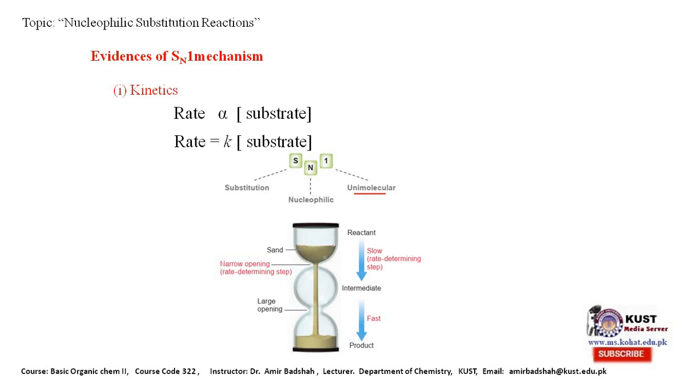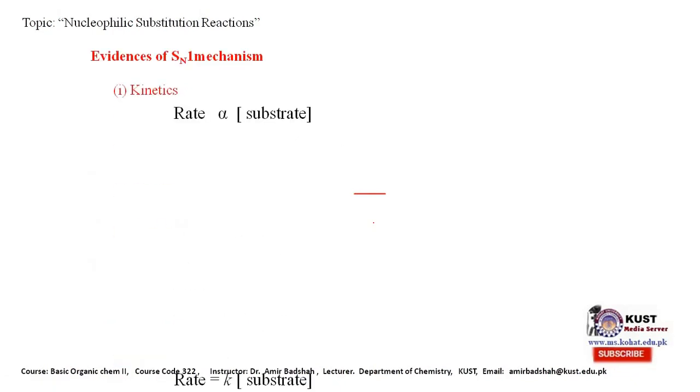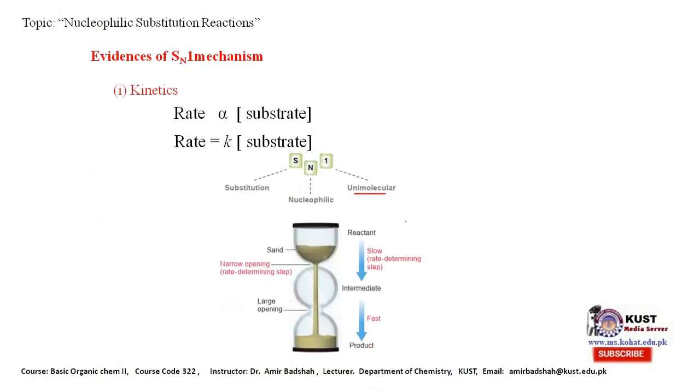As the reactant changes into the product, the first step that we discussed in the previous slide is the slow step and the second step is the fast step. Diagrammatically it has been shown here that the first is slow, because this is the narrow part. So the passage of the scent from this compartment into the bottom compartment depends only on this opening, not on this opening.